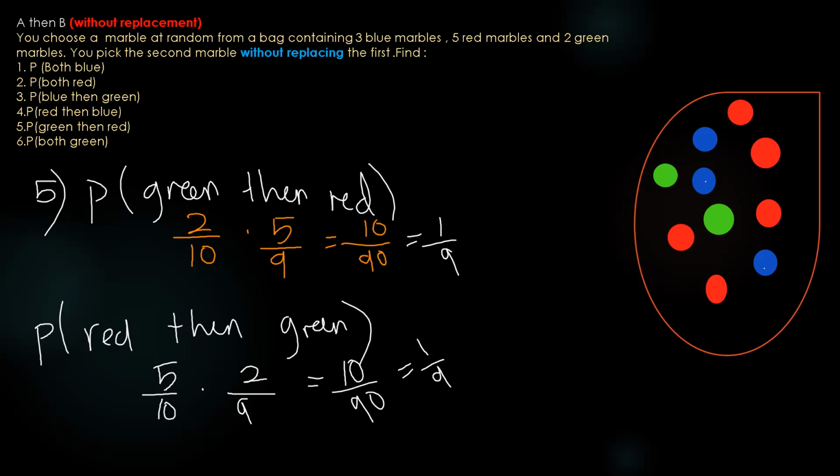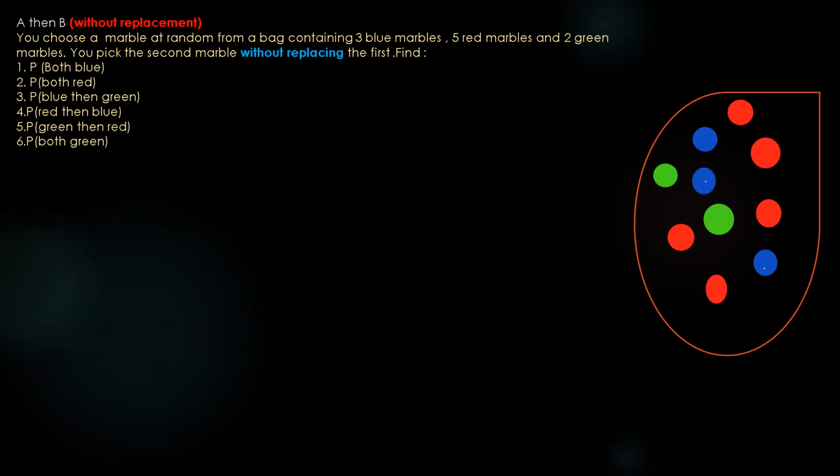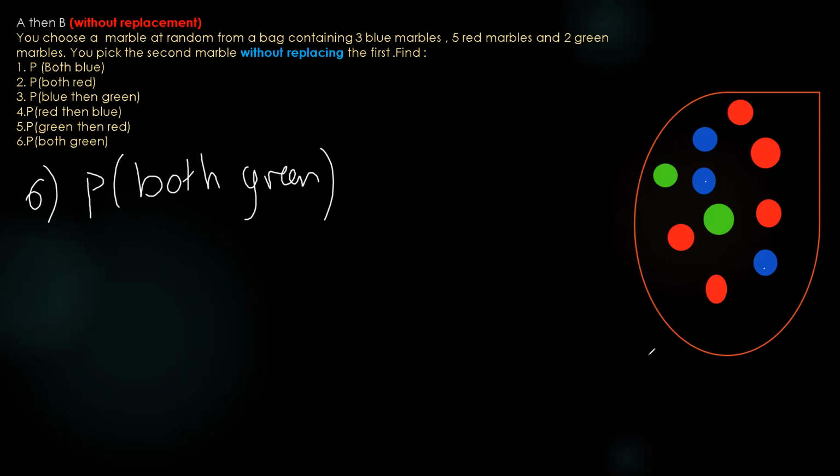Now, number 6. The probability that both of them are green. Both of them are green means, what is the probability that the first marble selected is green?